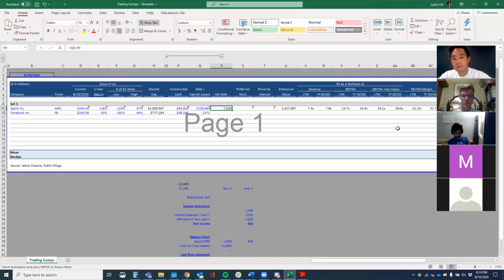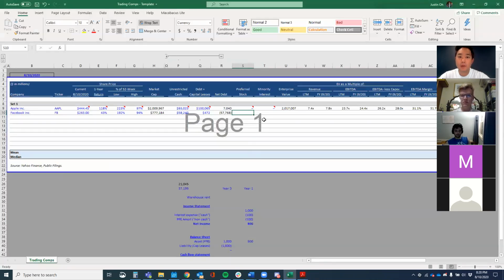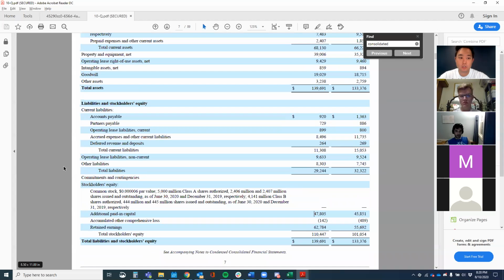Net debt. We have Facebook's net debt. Preferred stock would be under stockholders' equity. We don't have any, but if there is, you'd find that here. For now, just put the book value of that. And then minority interest, you'd find usually in long-term liabilities or here too. I don't see any of that.